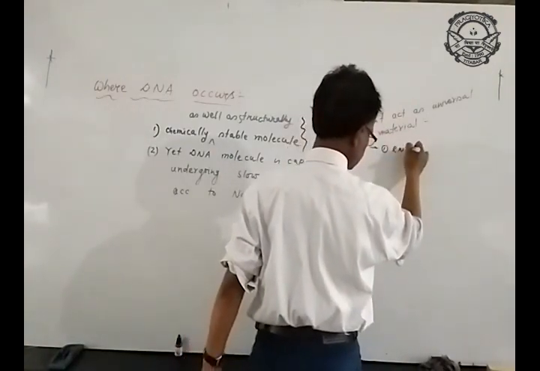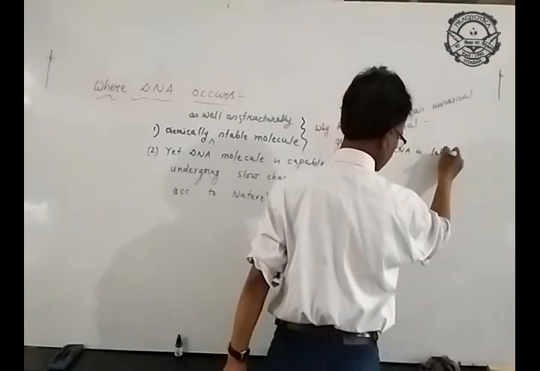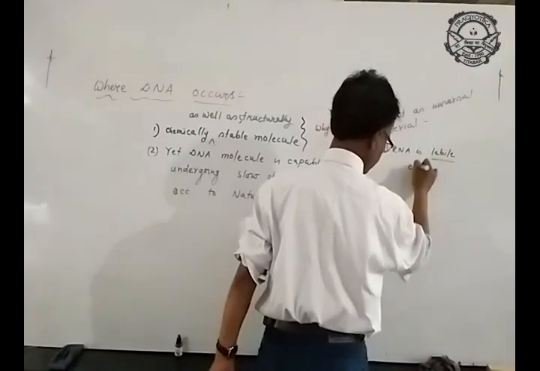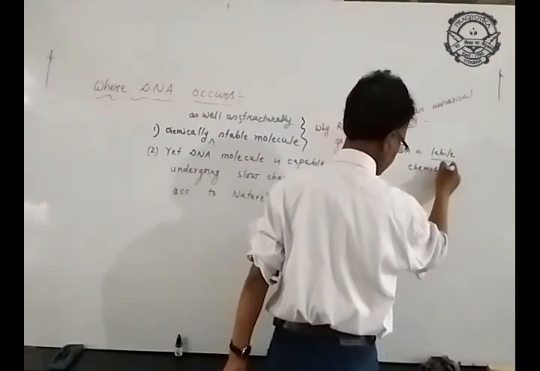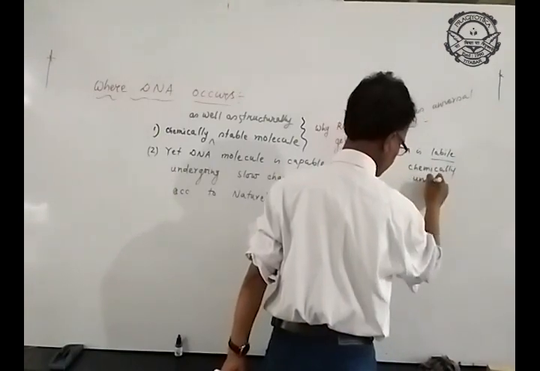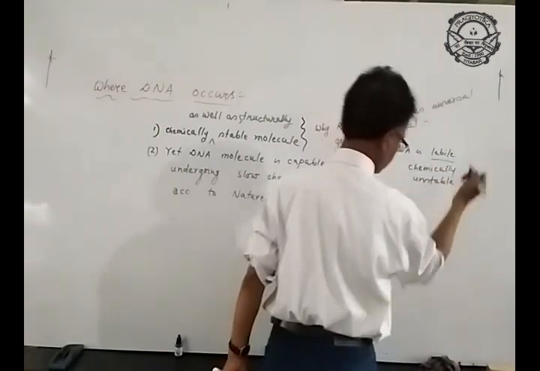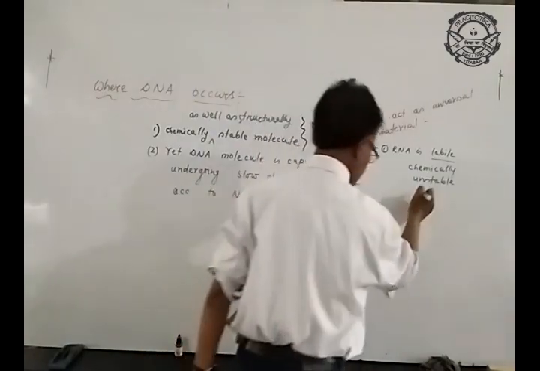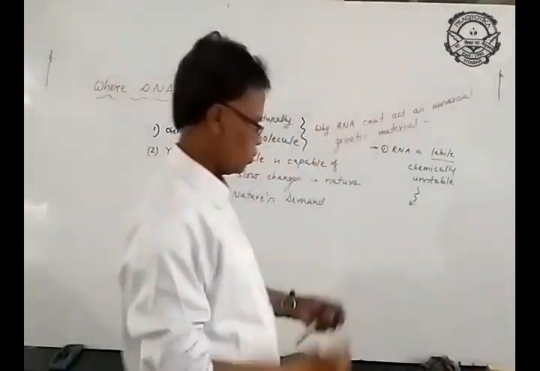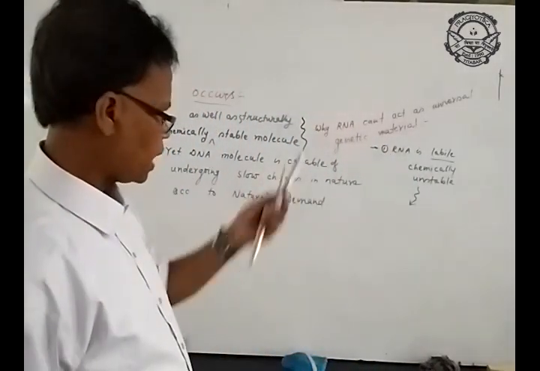RNA is a labile molecule, a chemically unstable molecule. Why is it chemically unstable?